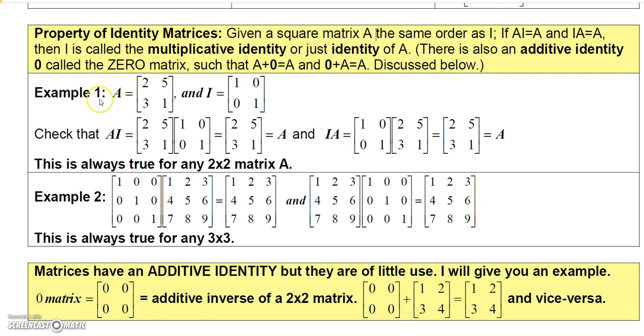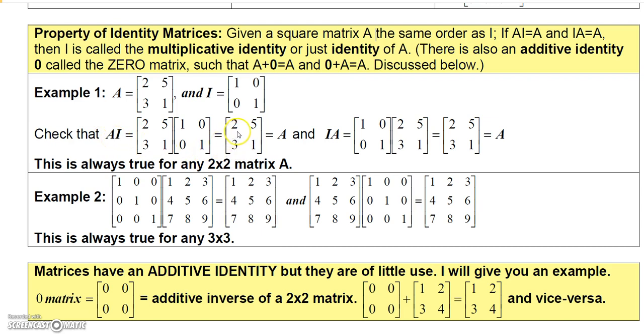So for example, let's say we have the matrix 2, 5, 3, 1, and we multiply it by the 2 by 2 identity matrix. Now we know, since this is an identity matrix, as long as the product of these two is defined, by definition that if we multiply the matrix A times this identity matrix, in other words, if I take the matrix 2, 5, 3, 1 and multiply it by this identity 1, 0, 0, 1, then it must return the actual matrix that I multiplied by it.